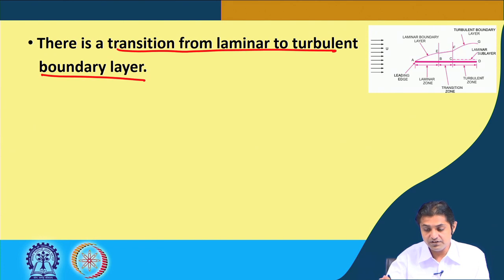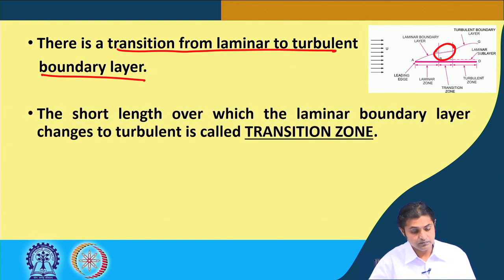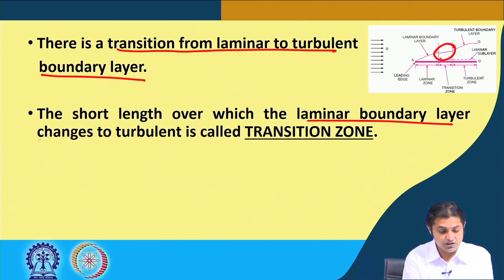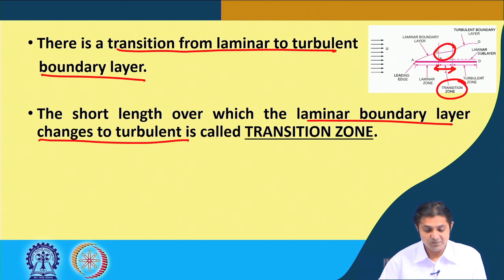So, this is the transitional zone here. So, this short length over which the laminar boundary layer changes to turbulent is called the transition zone, indicated by this distance here.